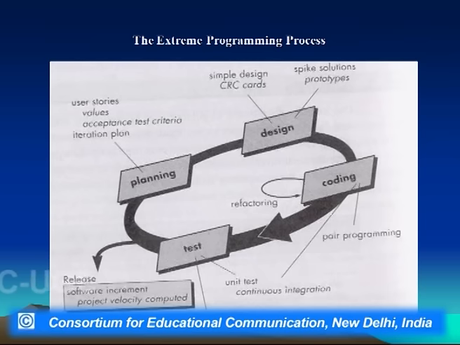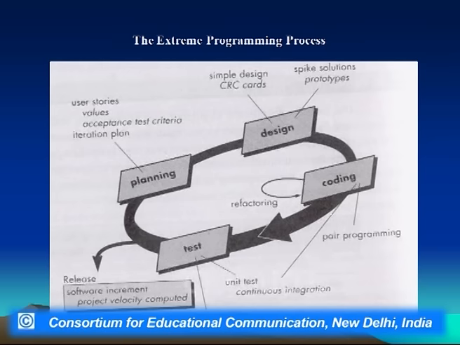Then the acceptance criteria. Because the customer is part of the team, the acceptance criteria are decided even before the phase starts. And for the iteration plan, the team is very clear in how many iterations they have to deliver the software. Suppose they want to deliver the software in 1 year, then they can keep 12 iteration cycles, so they will release the product every month.